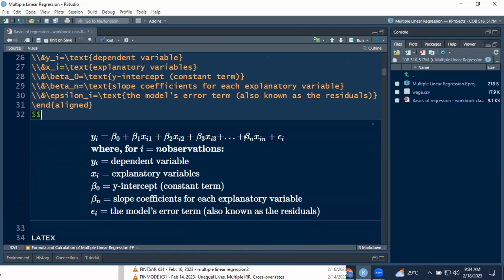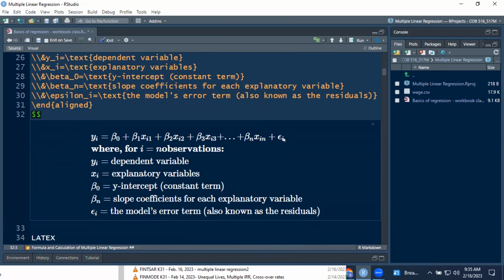So here you have y sub i equal to beta null plus beta 1 x sub i1 plus beta 2 x sub i2 plus beta 3 x sub i3 plus etc., beta n x sub in plus epsilon sub i. Okay, what's this? This is your regression line.